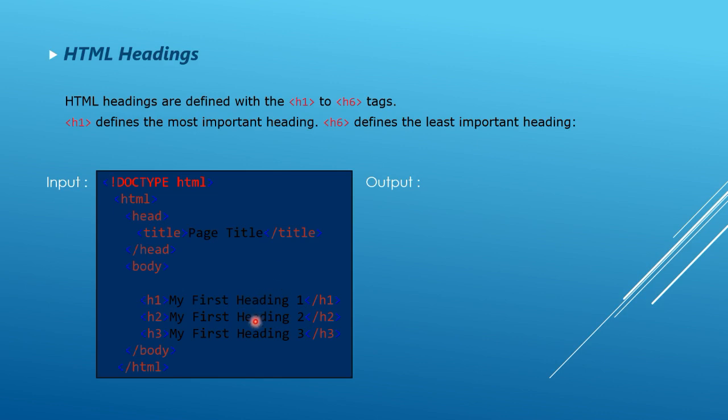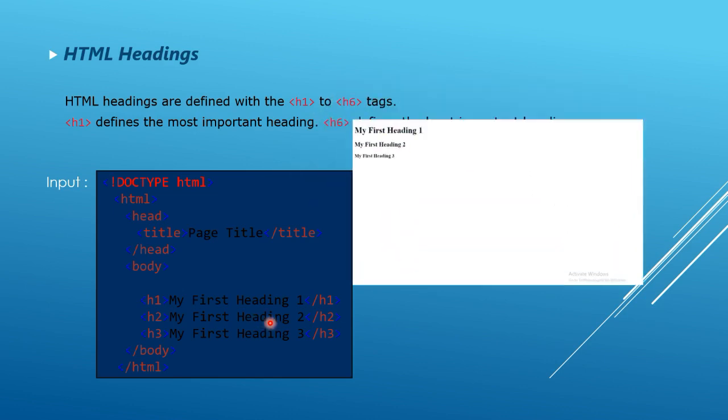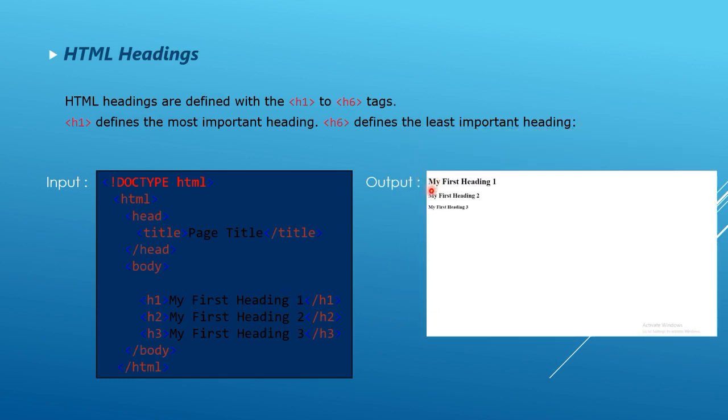Okay, H2 will be a bit smaller. H3 will be a bit smaller still. So the output will look like this. You can see this is my first heading 2, my first heading 3. So this is the H1 here, H2 here, H3 here.